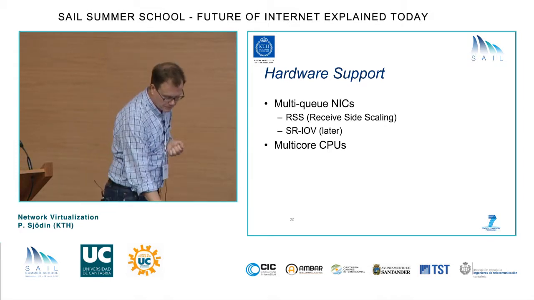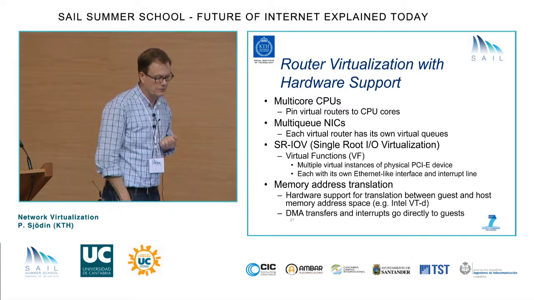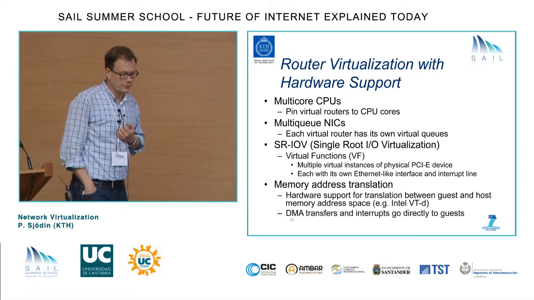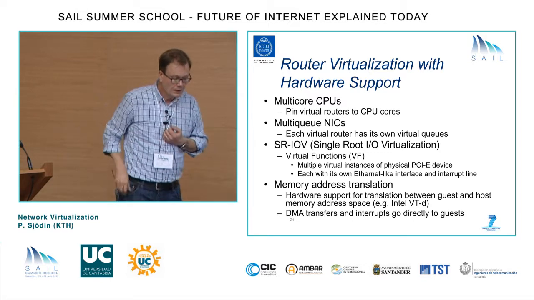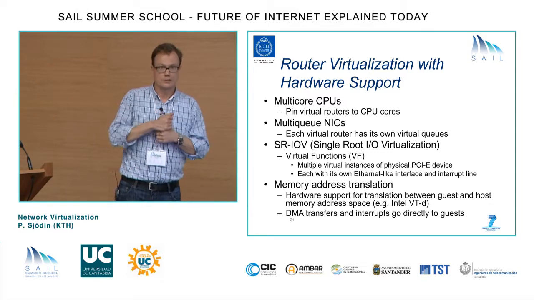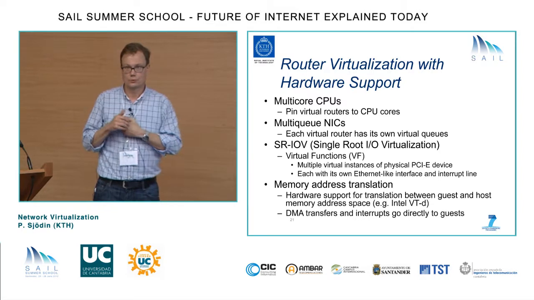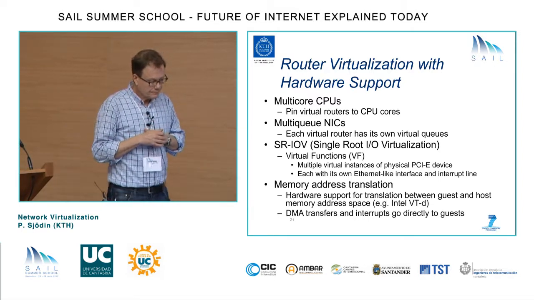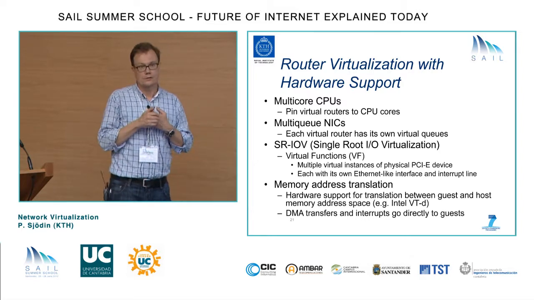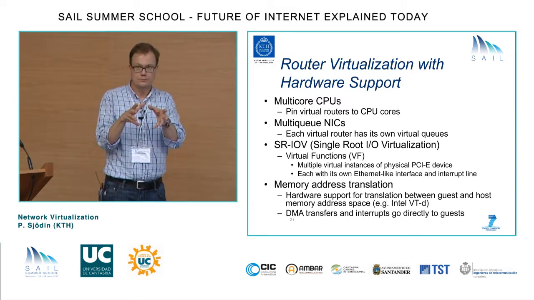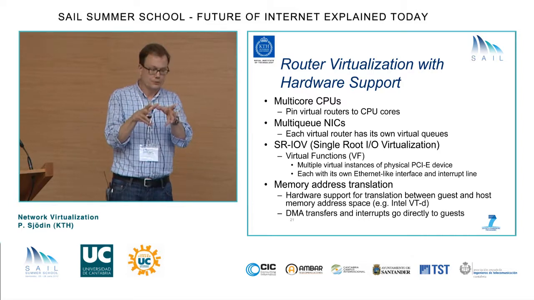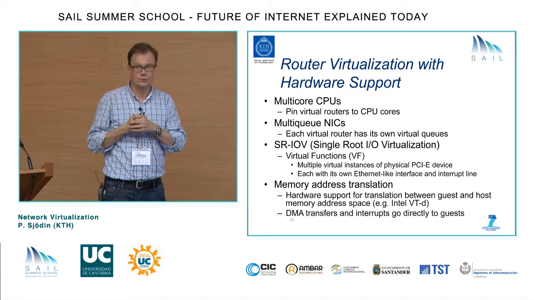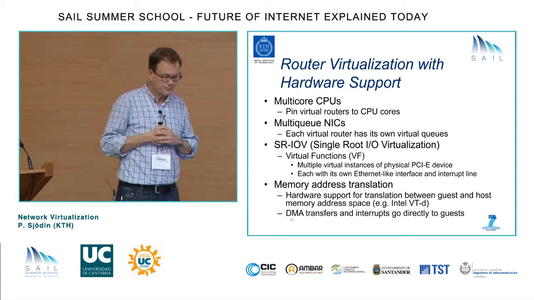But let's just have a quick look at the kinds of hardware support that is available for creating virtual routers on commodity hardware. Well, first of all, we have multi-core CPUs. All modern machines have more than one CPU core in them nowadays. So then ideally what we would like to do, of course, is to say that this core is going to run virtual router this and that, so that we assign or pin different virtual routers to different CPU cores.